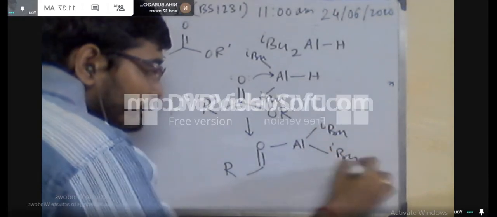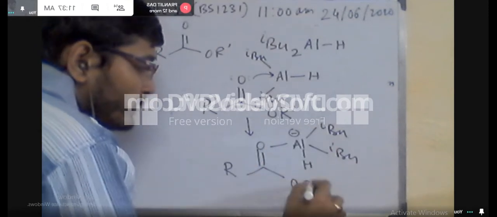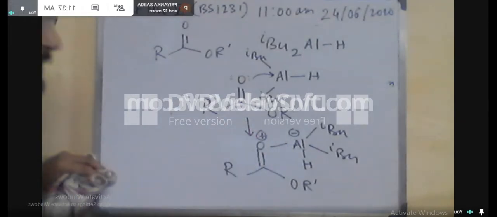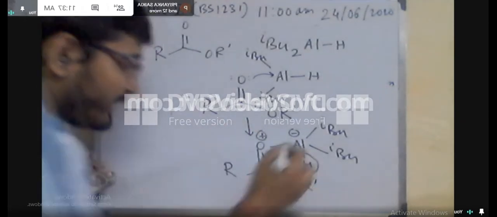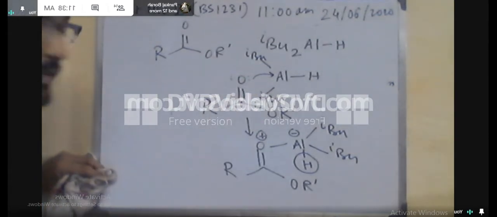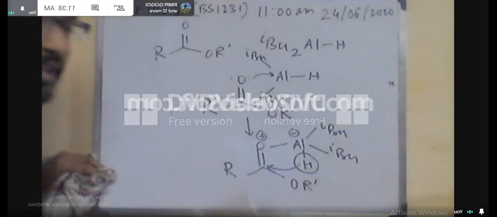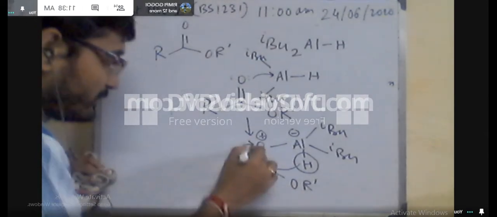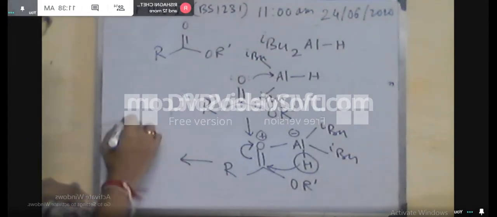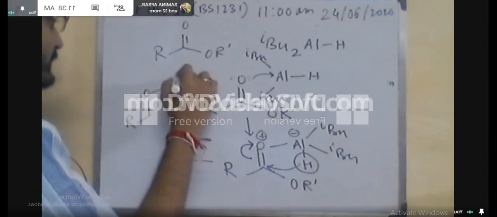It can generate OH, H, OR prime, R, and finally the OR leaves the molecule. This mechanism is known to you because it is the alpha elimination. So you get the double bond and OH. So this is the mechanism by which, using DIBAL-H, you can convert the ester to the corresponding aldehyde.